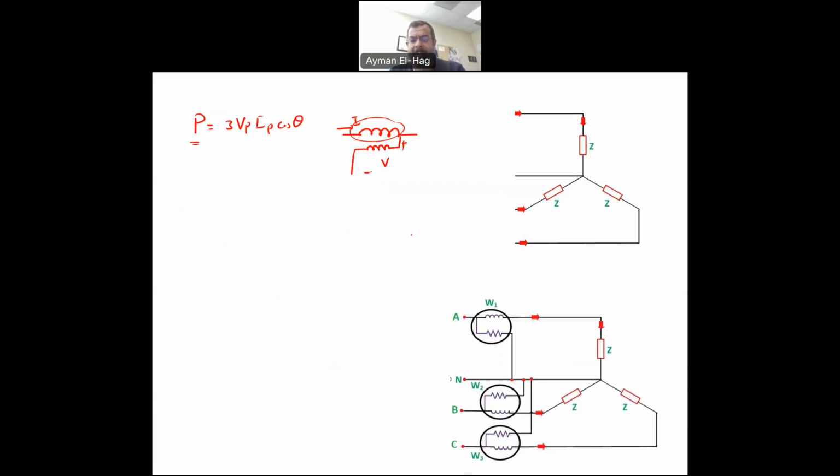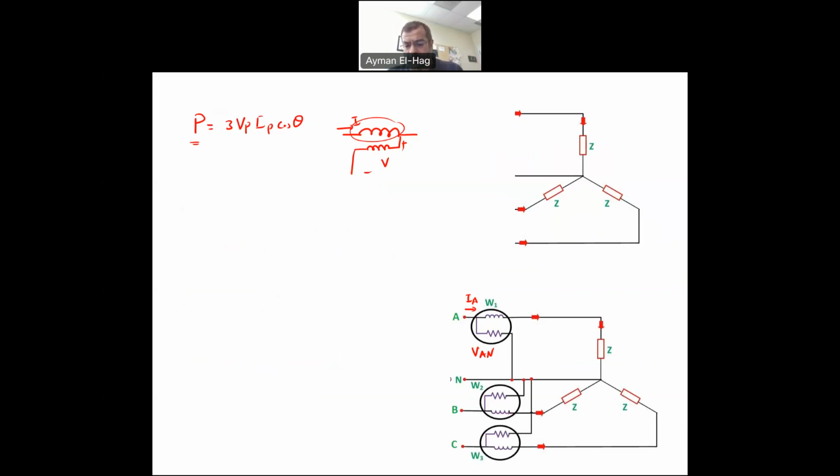So if I connect the 3 wattmeters like this, the first one measures the current of phase A, IA, and it measures the voltage between A and the neutral. So this is basically VAN or V phase. This is a Y connection, so that is also the phase current.